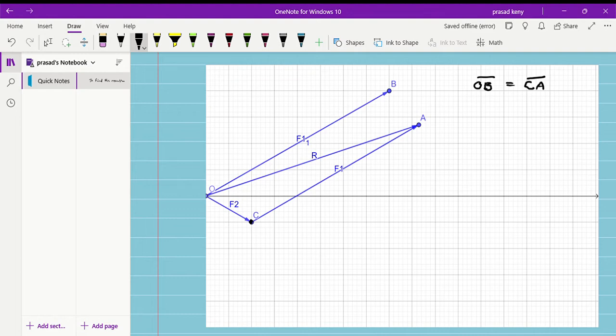So vector CA has the same magnitude as vector OB and also the same direction. So vector CA is equal to F1. So this is 10 newtons here and this is 3 newtons here.